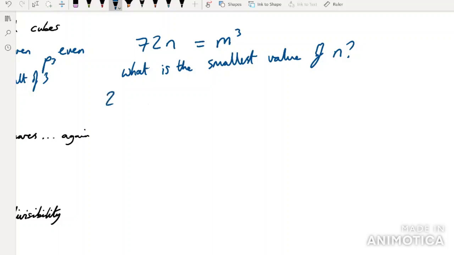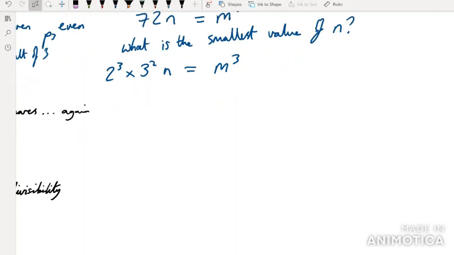And that's going to be, I believe, 2 cubed times 3 squared times n must be equal to m cubed. Okay. And then we notice this cubed. And so on the right, whatever prime factors show up must be multiples of 3, which means on the left, we must also have everything being a multiple of 3. And so what's the answer in this case?